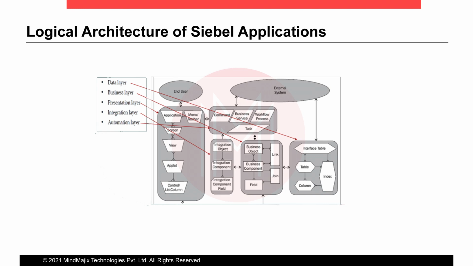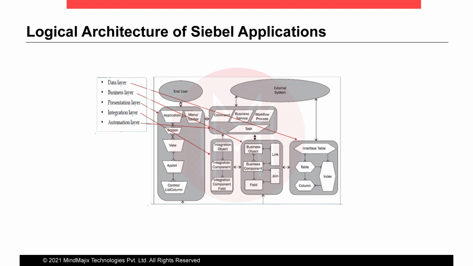The physical layer is nothing but the database. To make it available in the physical layer from the logical layer, we have to press Apply/Activate. Once we create any table or column in Tools, we have to click Apply/Activate so that the schema definitions are captured by Siebel and it goes and creates them in the database.